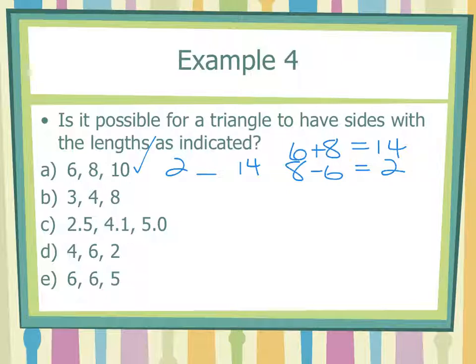Let's try 3, 4, and 8. If I add 3 and 4, what do you get? So right away you can see that it's not going to be big enough. So this one would be no. If you subtracted them, you got 1. So it actually would have to fall in between 1 and 7. And 8's too big. Then for the next one, you're going to add 2.5 and 4.1.